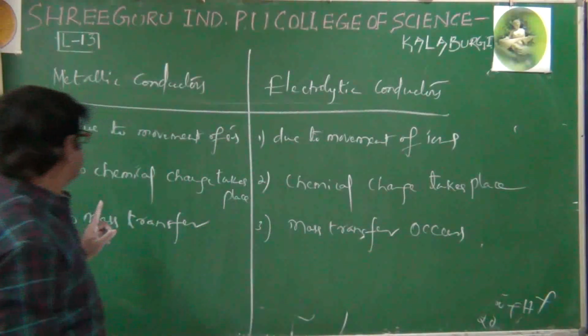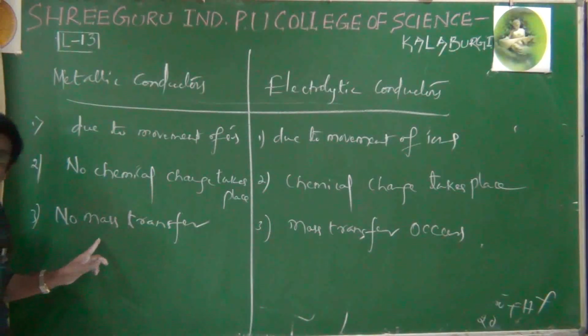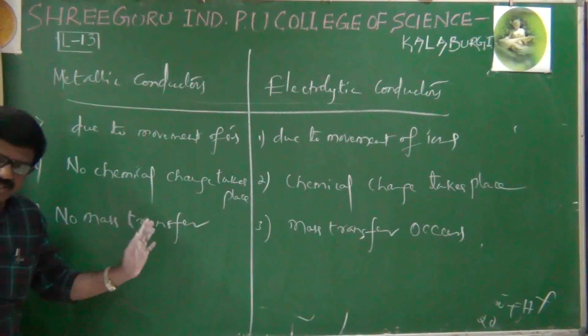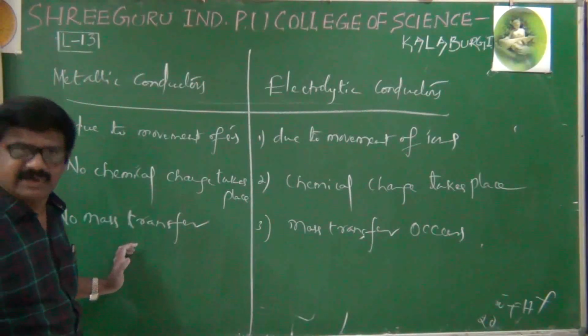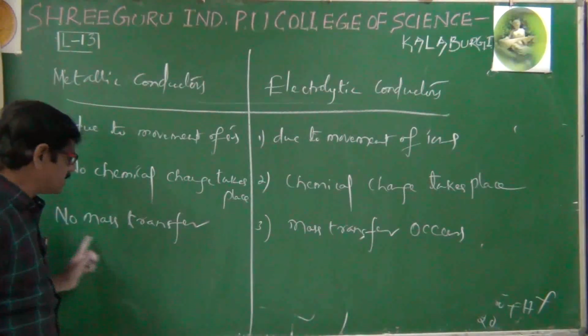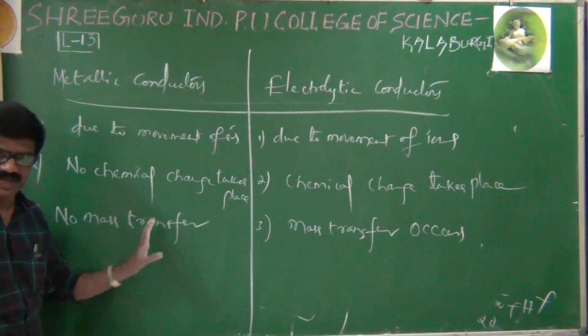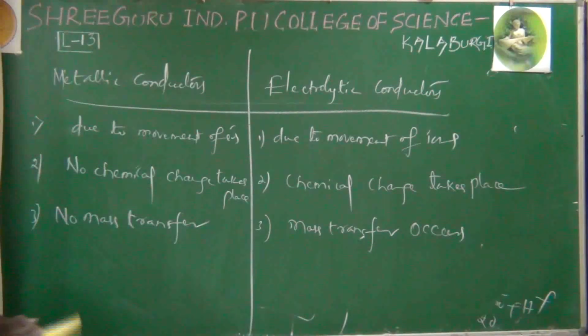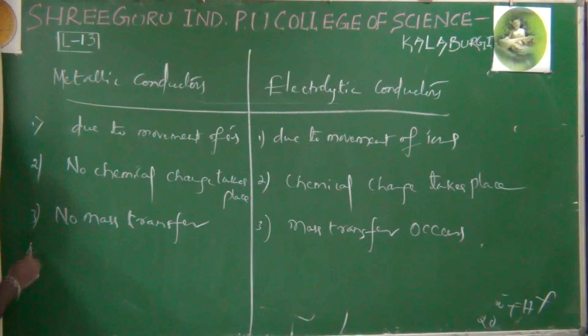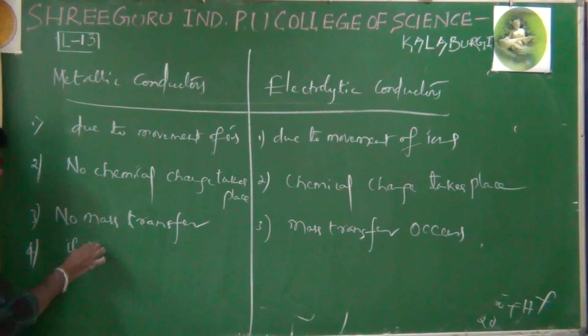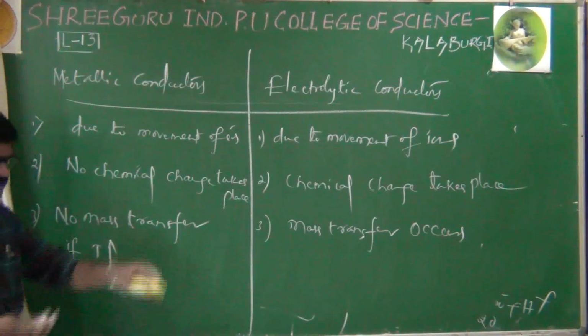As far as metallic conductors are concerned, there is no question of oxidation and no question of reduction. That's why there is no mass transfer phenomenon in metallic conductors. And next, fourth point: if temperature increases, for example, it is a metal.